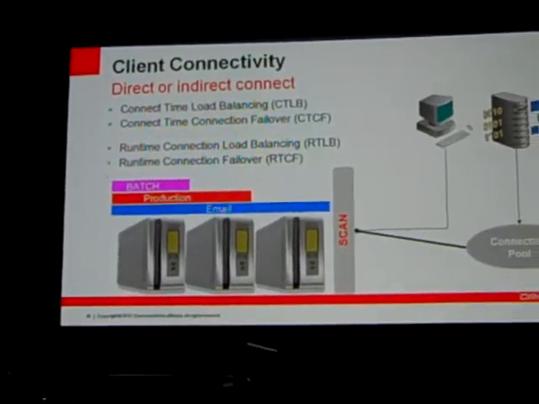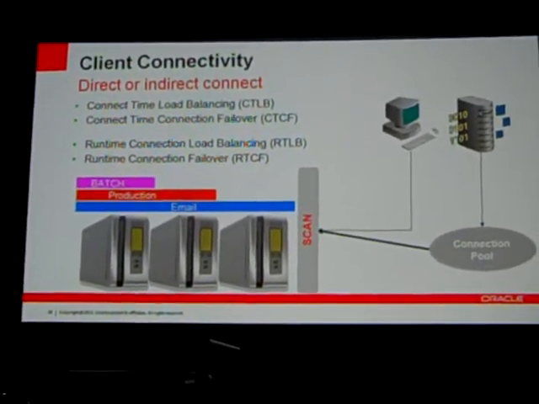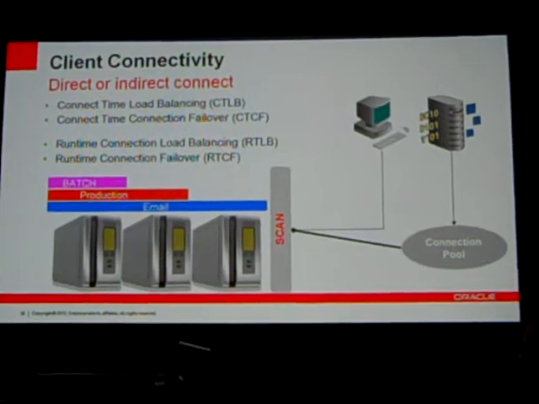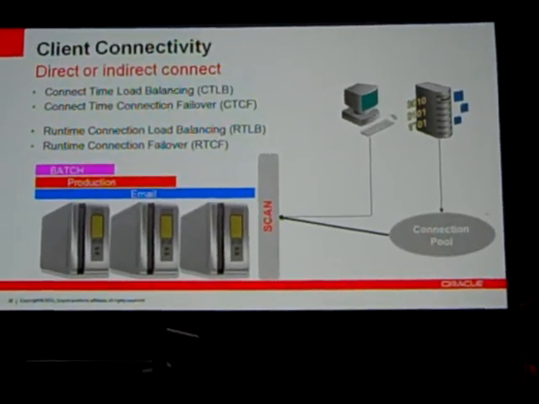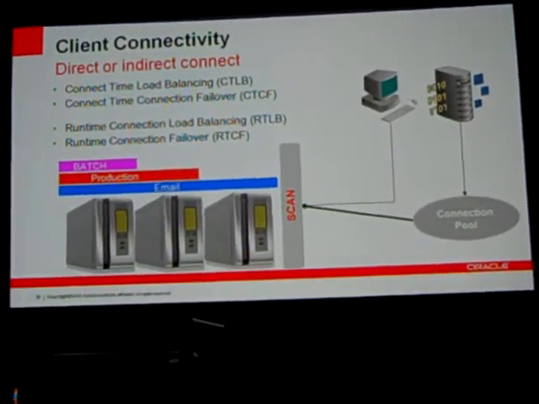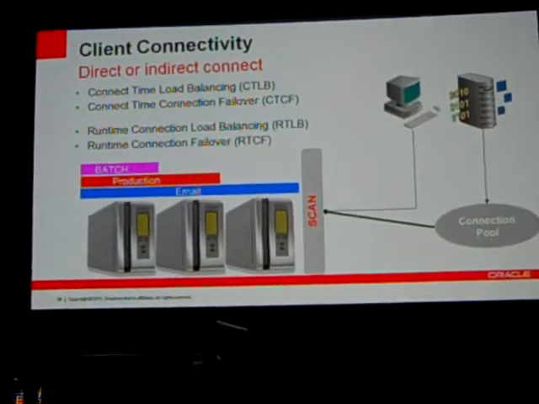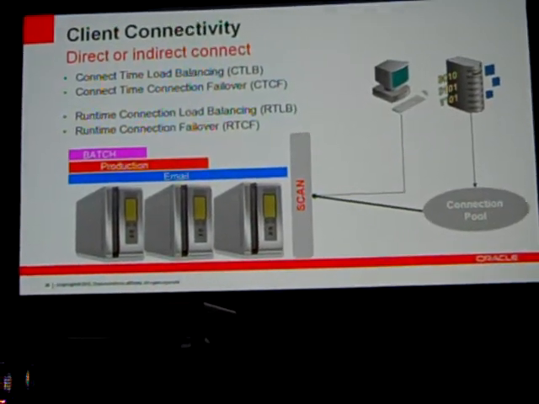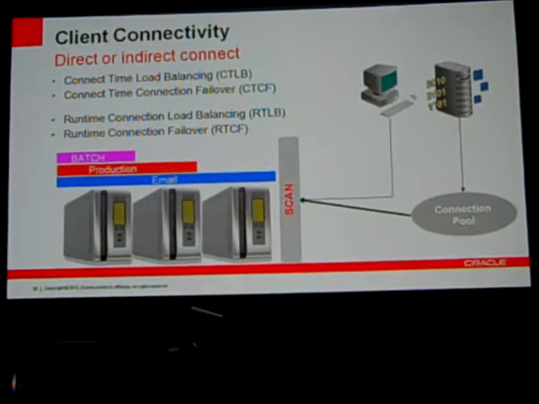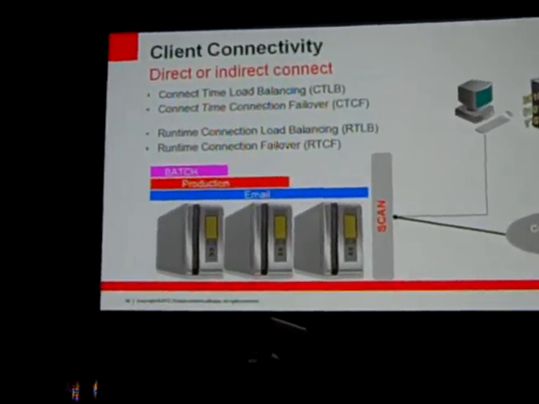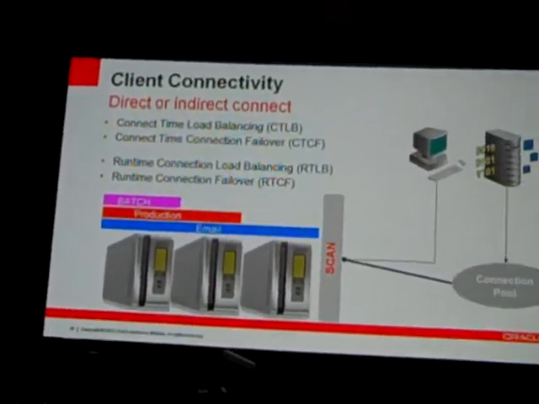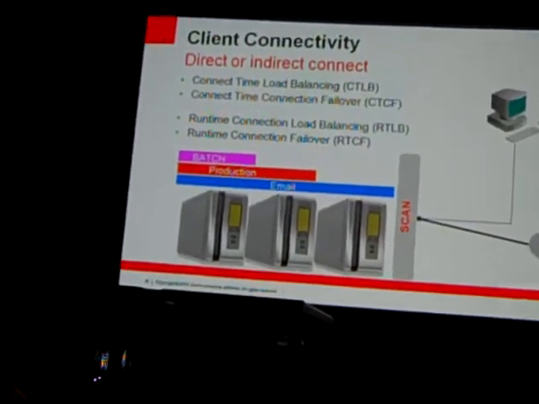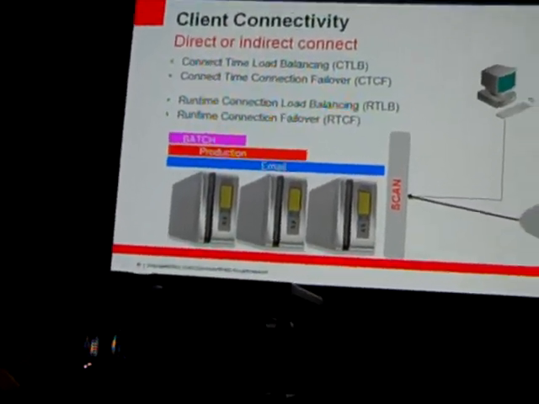Your client connects, it goes to the scan, one of the three scans, and the scan is then going to connect your client to one of my three servers if you want to connect to the email service, because the email service is the one that is available on all of the three nodes, thereby saying on all of the three instances that I use. The production service, however, is only available on two, and the batch service is only available on one.